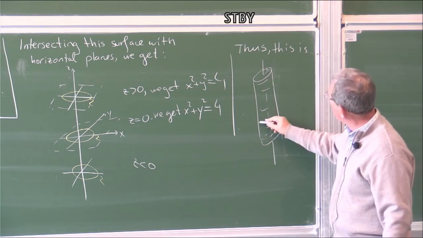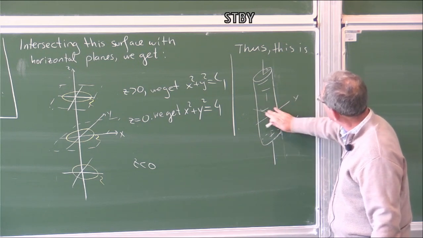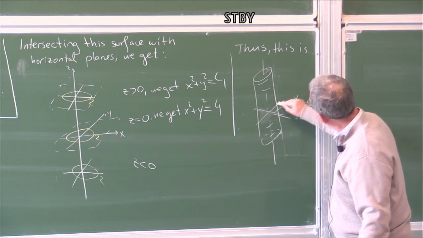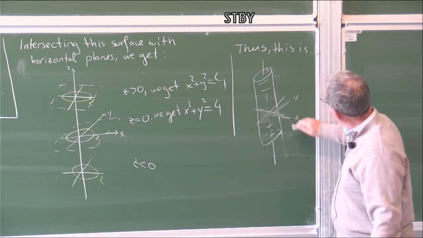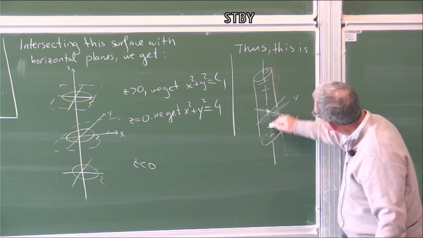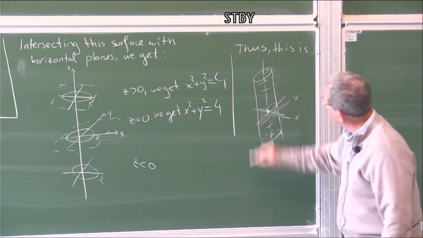Somewhere here you have your xy. Sorry, a better picture would be this. You have your x and y axes. This is the z-axis. You always have the same circle throughout.